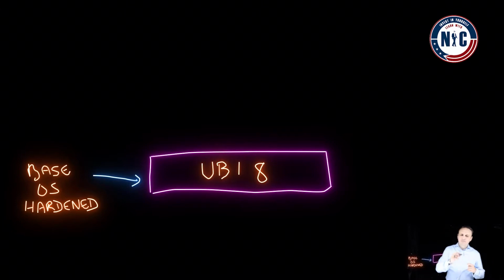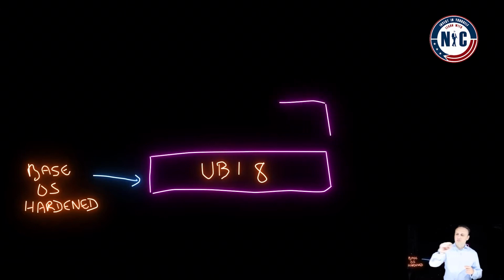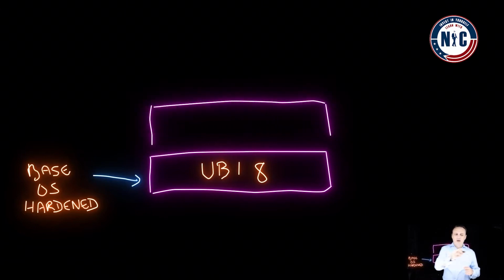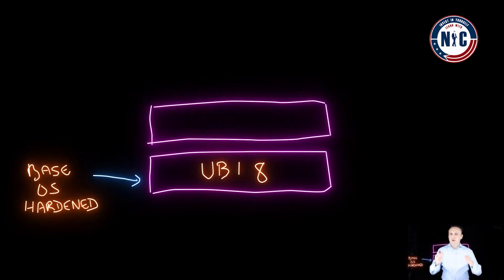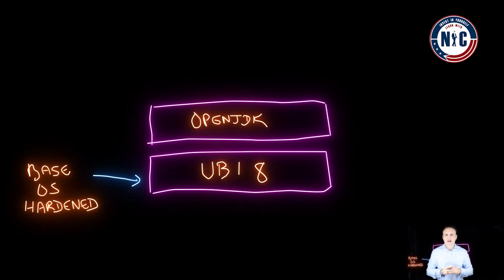Now let's say you're building a Java application, right? So in DoD we created another layer of base images, and we have multiple of them, for each programming language. So in this case, let's say we wanted to support Java applications, so we created an OpenJDK base image on top, inheriting from that UBI 8 hardened base OS image.